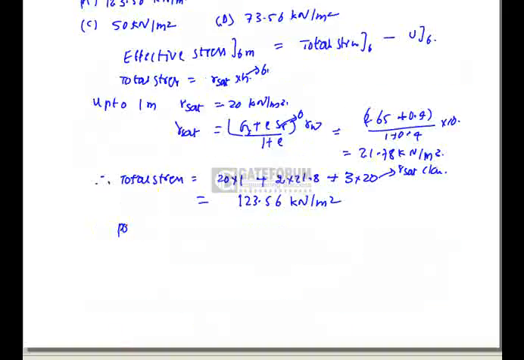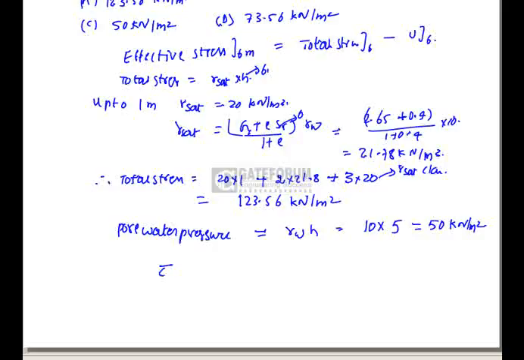And pore water pressure is equal to gamma W into H, that is equal to 10 into H, where H is 5 meters below the water table, and above the water table it is going to be 0. So 50 kilonewton per square meter.